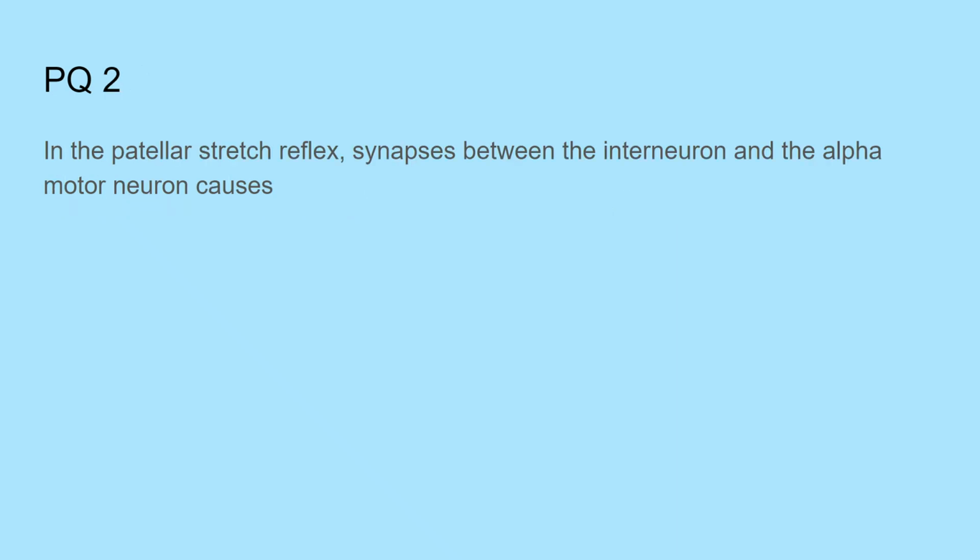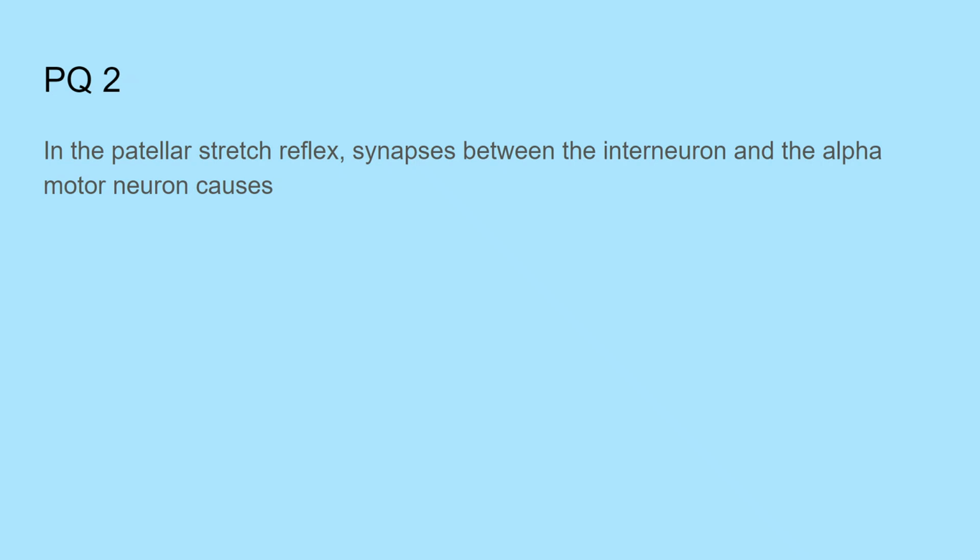Now the opposite, in the patellar stretch reflex, synapses between the interneuron, or there's no interneuron, between the afferent neuron and the efferent neuron causes what? So I'll fix that in the slides.